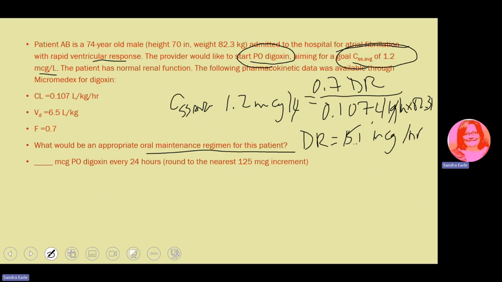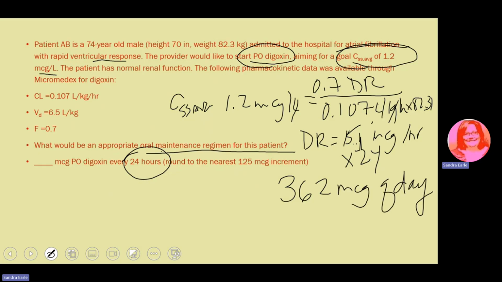And we're going to give this every 24 hours. So we're going to need to multiply that 15 micrograms times 24, aren't we? So we're going to have a dose rate of 362 micrograms Q day, every 24 hours.